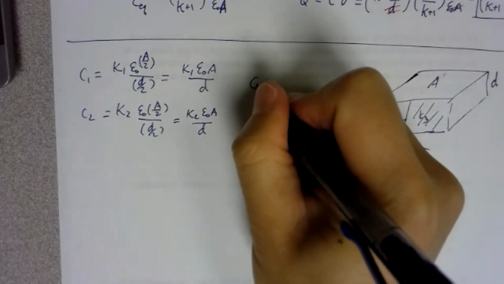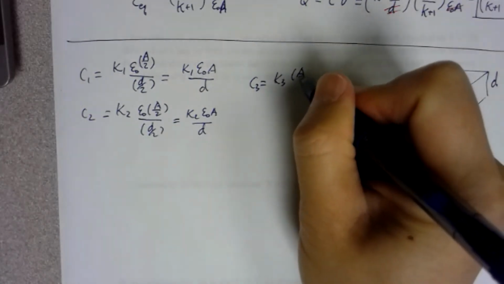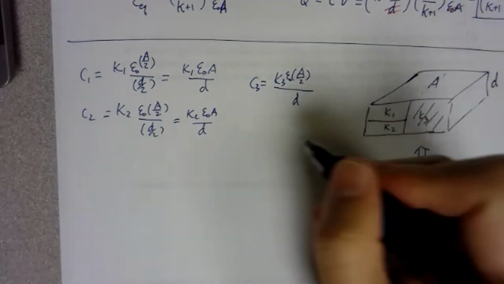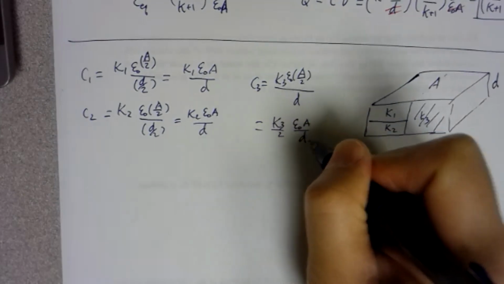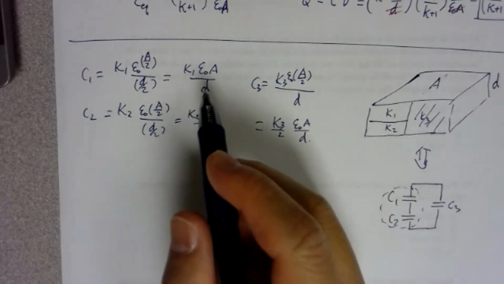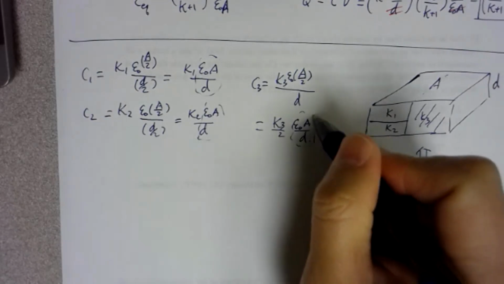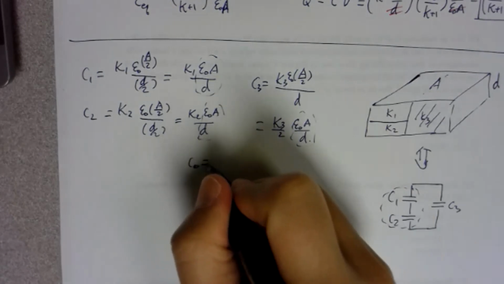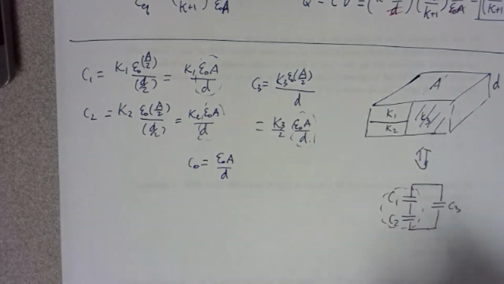Okay. For C3, it's going to be kappa 3, now 1/2 of A, and then epsilon naught in front of it, and then divided by the separation D. So this guy will be kappa 3 over 2 epsilon naught A over D. So they are all multiples of epsilon naught A over D. You can call that C naught, which is the capacitance without any dielectric, right?